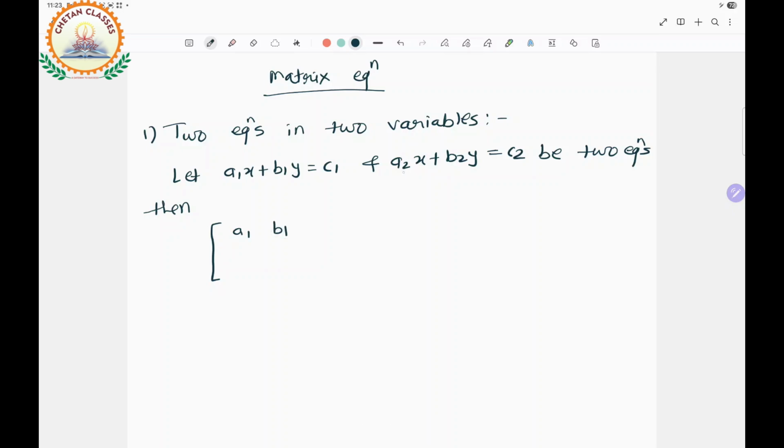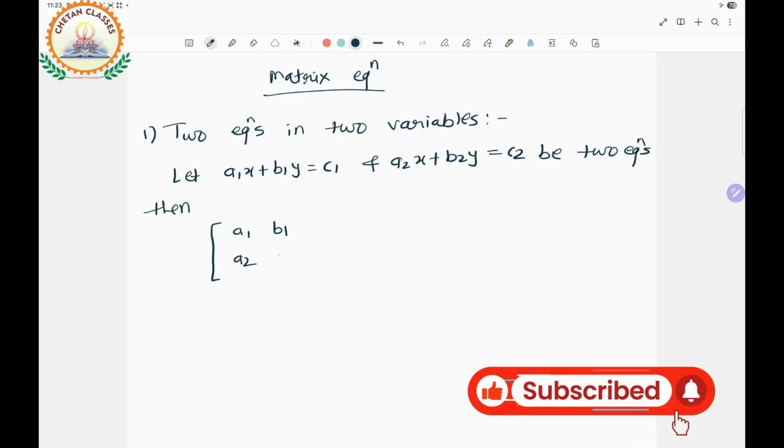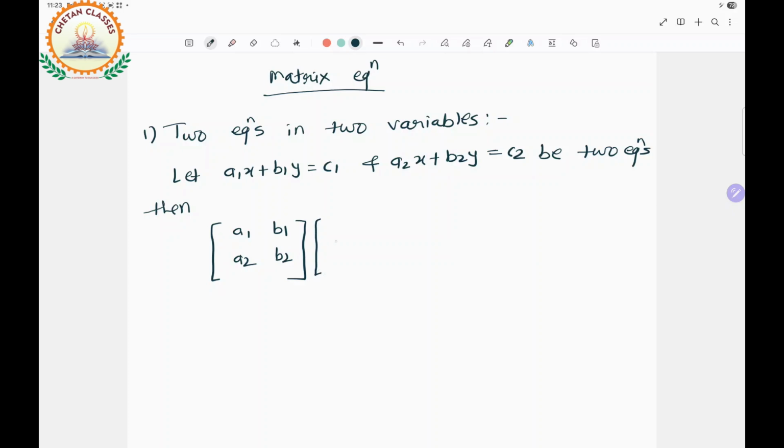Now the second equation: the coefficient of x is a2 and the coefficient of y is b2. Our unknowns, that means the variables, are written in a column, x y, is equal to the constants on the RHS.